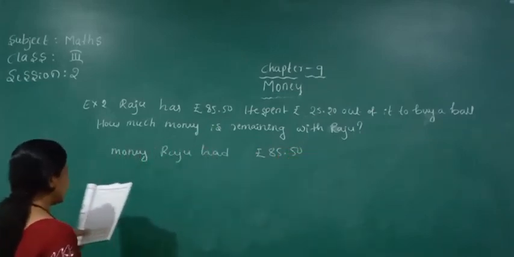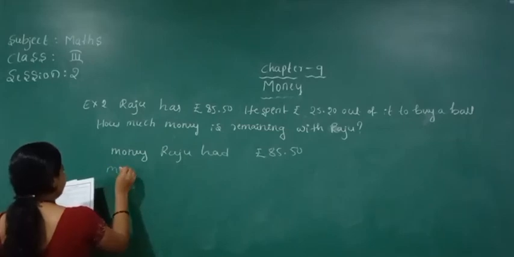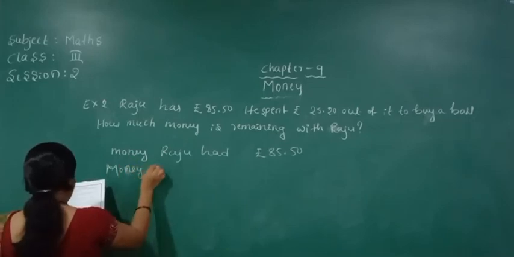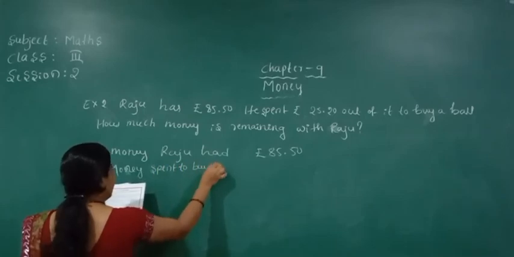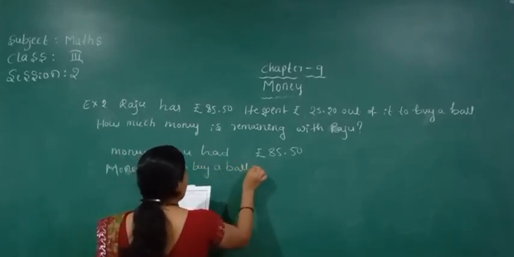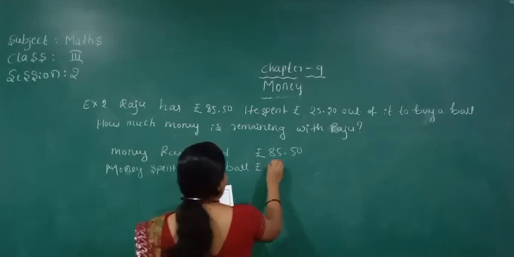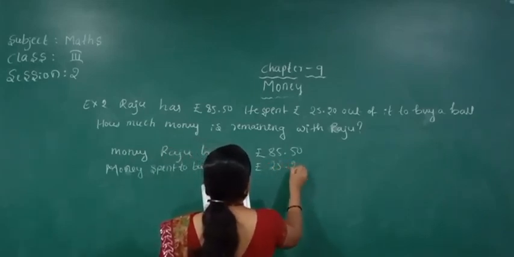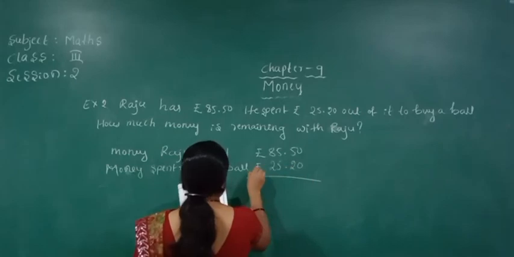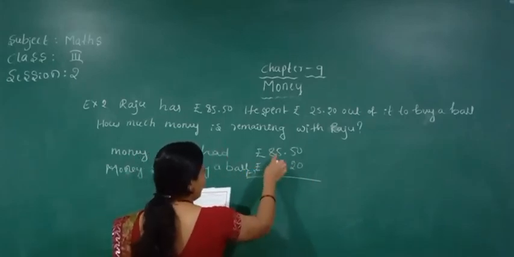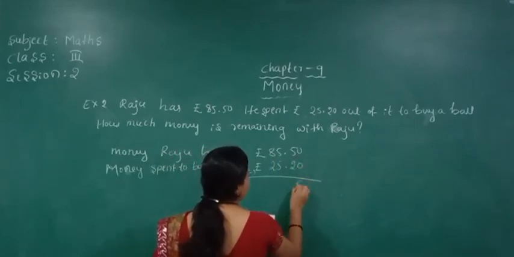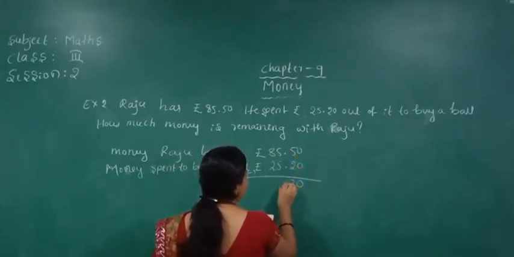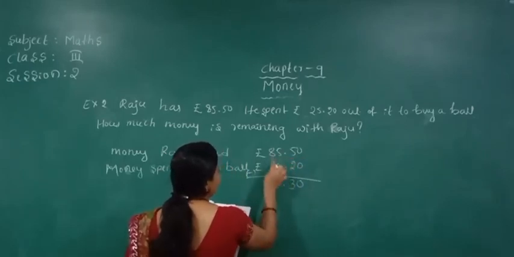Okay, and money spent to buy a ball, rupees 25 20. So now we will subtract. Okay, so out of 85 we will subtract 25 rupees. 0 minus 0 is 0, 5 minus 2 is 3. Okay, so 5 minus 5 is 0, 8 minus 2 is 6.